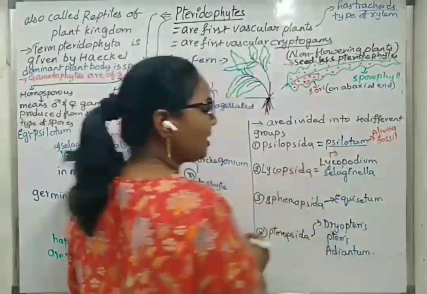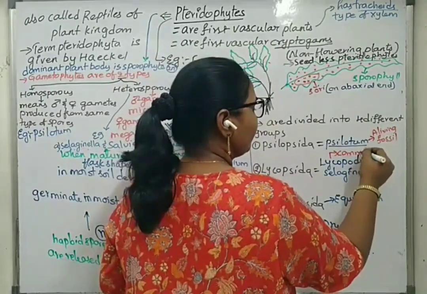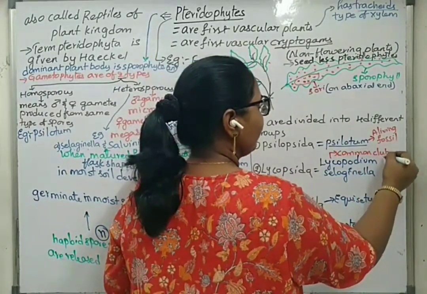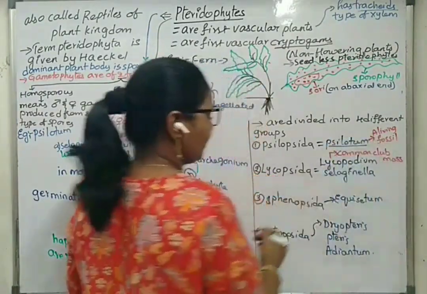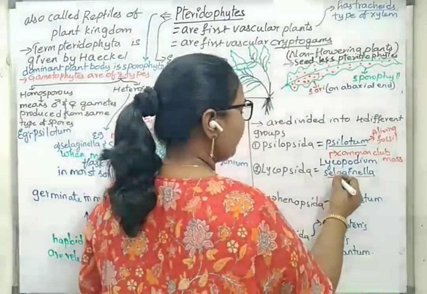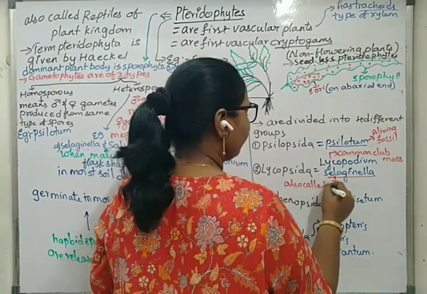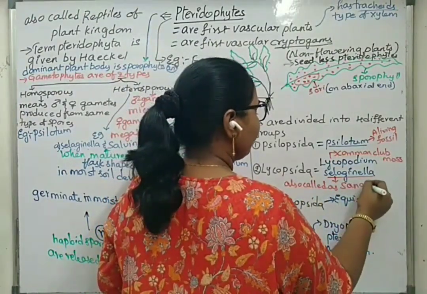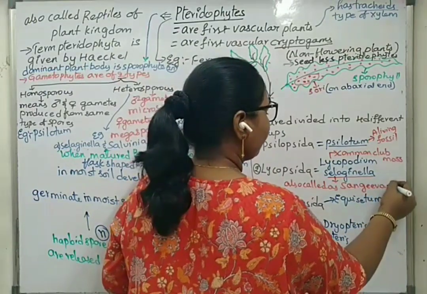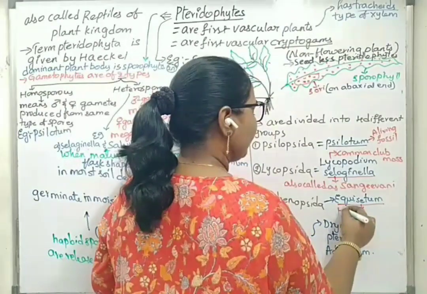Lycopodium is commonly called common club moss. Selaginella is also called Sanjeevani. Equisetum is also called horsetail.